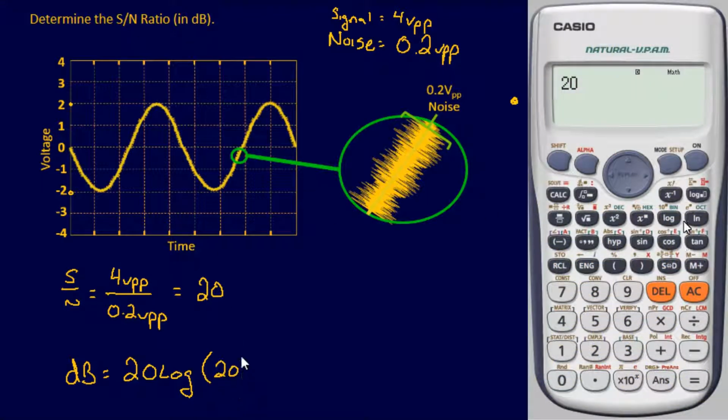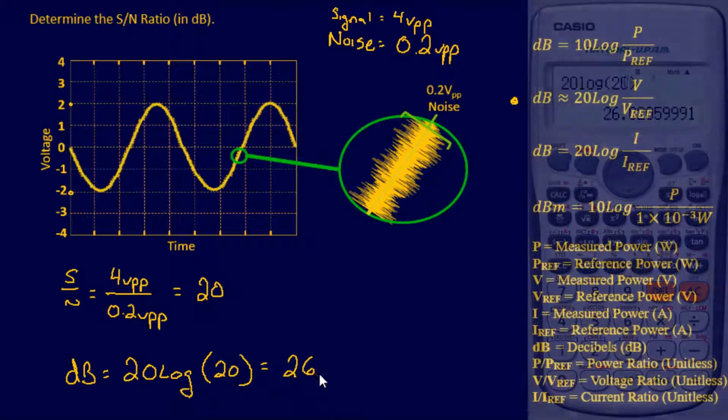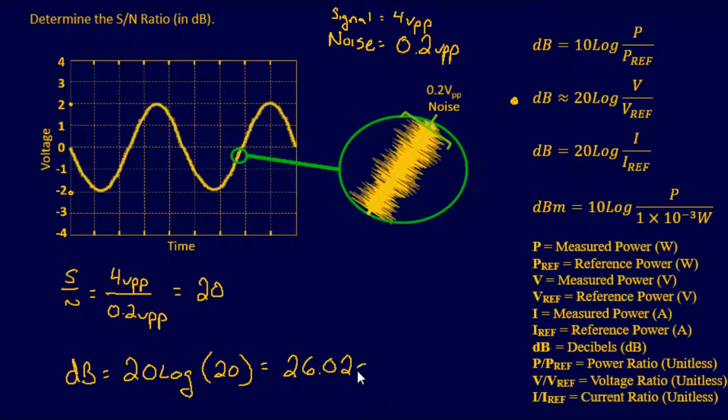So it's pretty simple. And if you plug and chug that in your calculator, it's going to give you an answer of 26.02 decibels. So right now, we just found our signal-to-noise ratio in decibels. I'll put that right here: 26.02 dB.